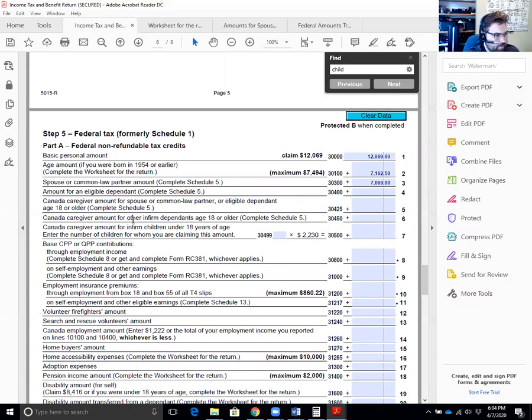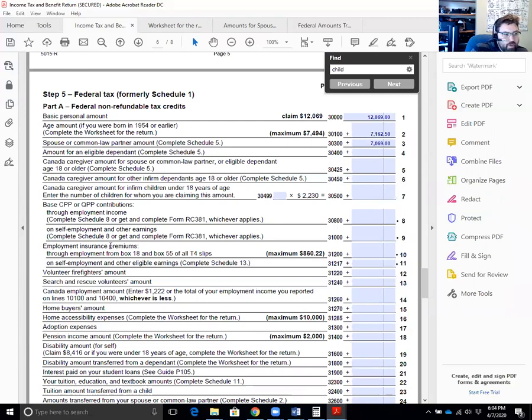Canada caregiver amount for other infirm dependents age 18 or older. So that means that we're taking care of a dependent that's over 18 and they have a disability. That's not in the question, so that's no. Canada caregiver amount for infirm children under 18 years of age. Enter the number. This is for children that are your dependent that are under 18. Do we have any of those? No. We don't have base CPP or QPP contributions through employment income.